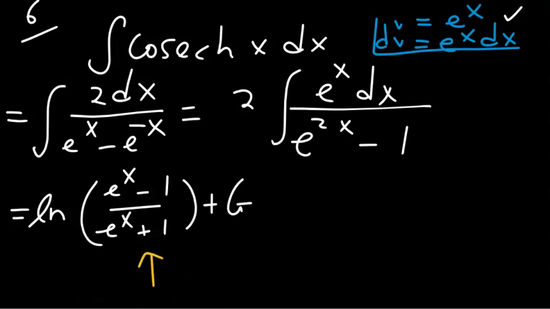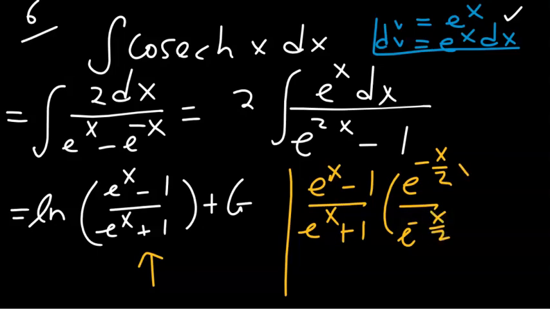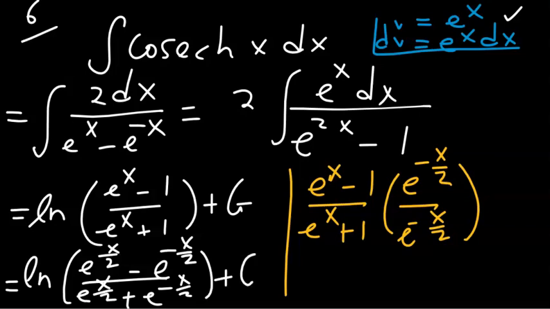Now let's take a look at the argument of that natural log. e to the power x minus 1 over e to the power x plus 1. Let's multiply this term by e to the power minus x over 2 over e to the power minus x over 2. And what you'll get is natural log of e to the power x over 2 minus e to the power minus x over 2, over e to the power x over 2 plus e to the power minus x over 2, plus the integration constant.